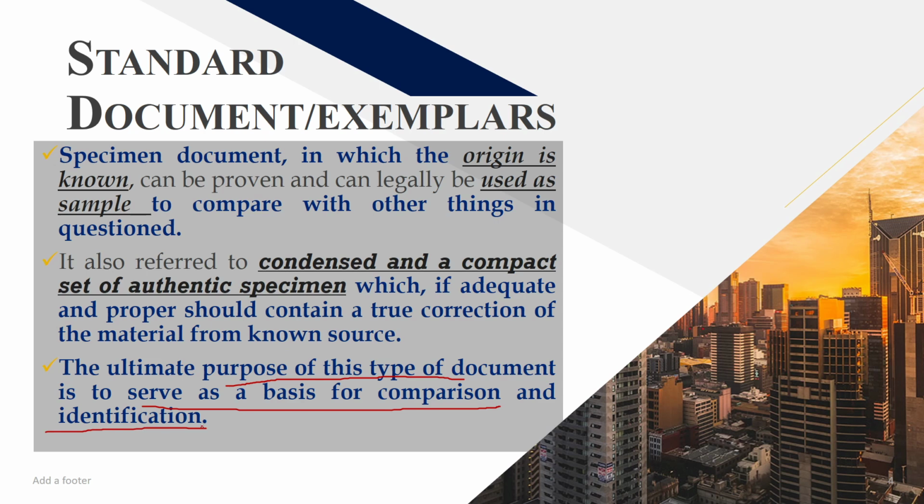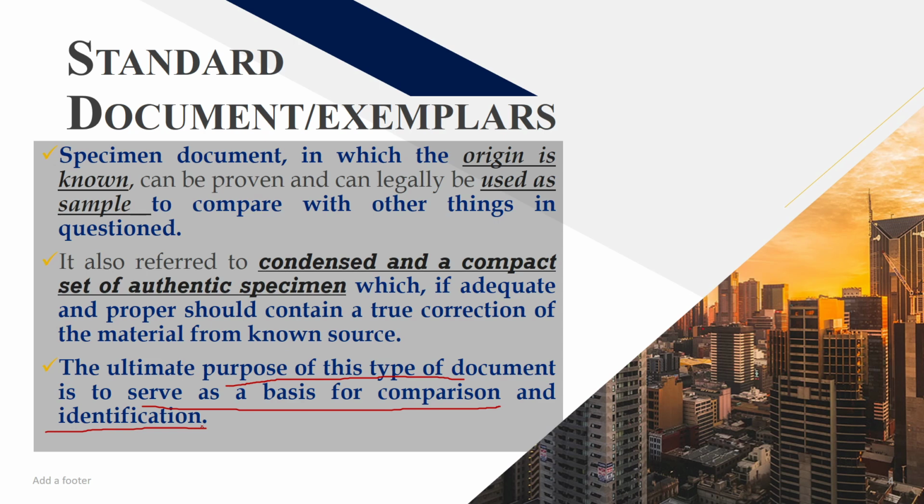Why will a standard document be able to establish identification? It is because this document is original, is genuine, and the source is known. Take note of that, that the standard document that you have obtained must be coming from a legitimate source.